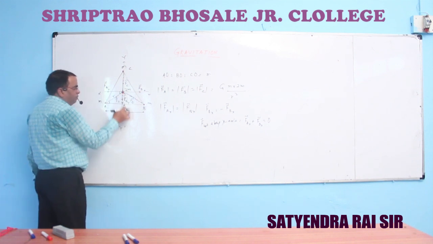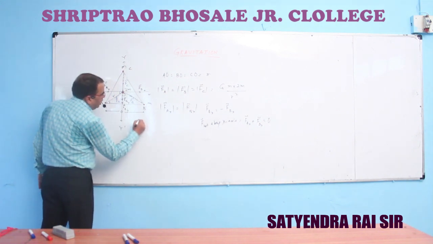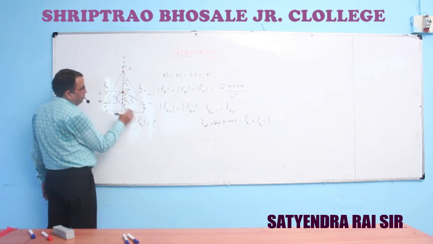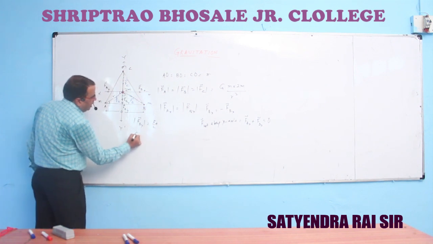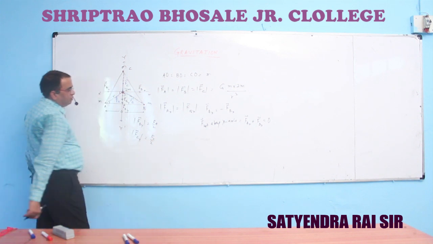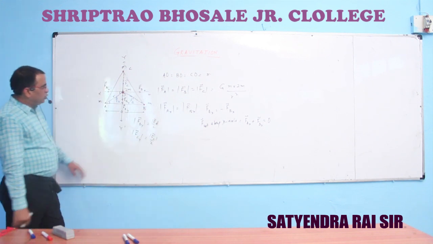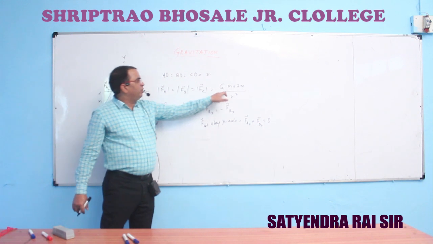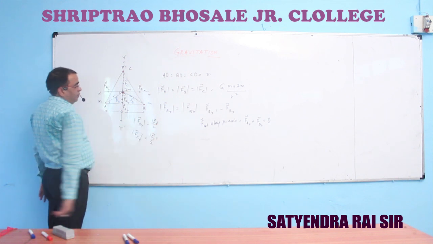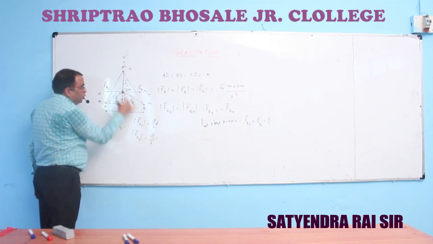So mod FBy is FB by 2, and similarly FCy mod will be FC by 2. Simple. These two are equal, since their magnitudes are equal. Together, if we add them, this will become equal to FC. So FC is upward and the sum of these two is downward.